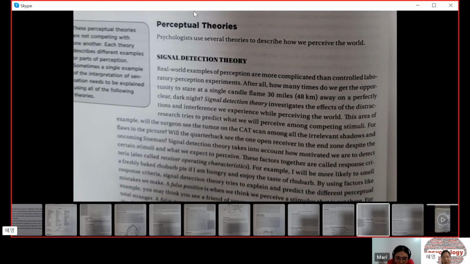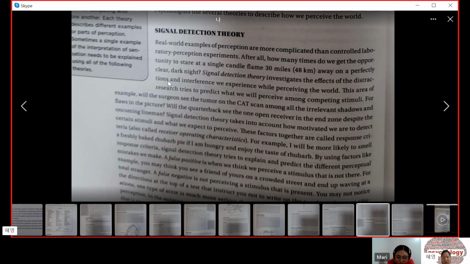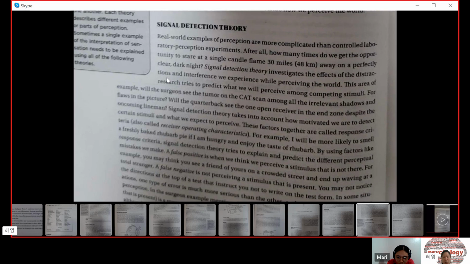Next one is perceptual theories. And psychologists use several theories to describe how we perceive the world. First one is signal detection theory. Real-world examples of perception are more complicated than controlled laboratory perception experiments.